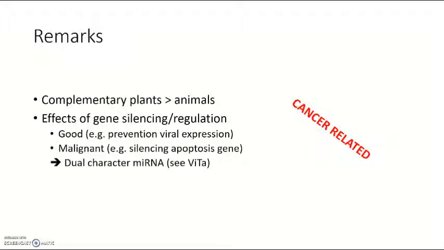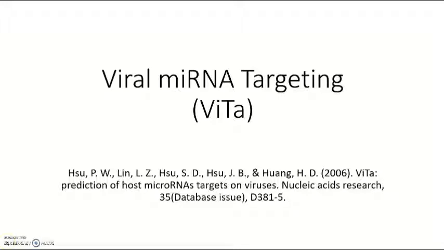This can result in cancer and thus the uncontrolled proliferation of cells. However, a good and bad dual character might be possible for microRNAs, but this will be discussed in a few slides from now on.